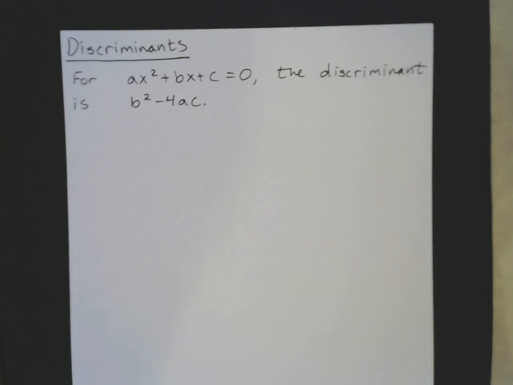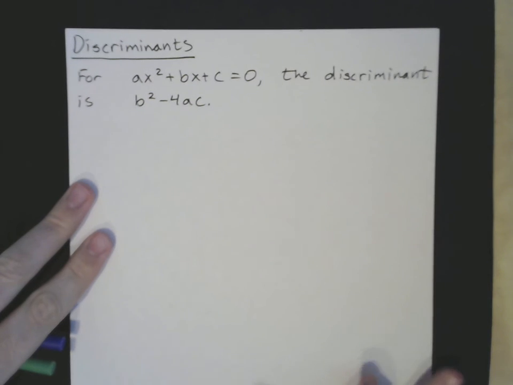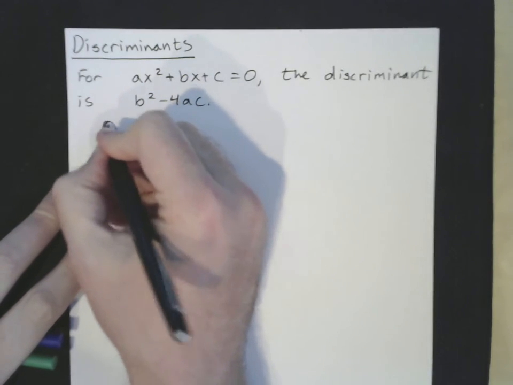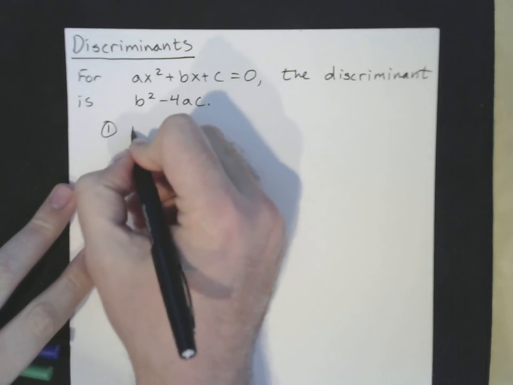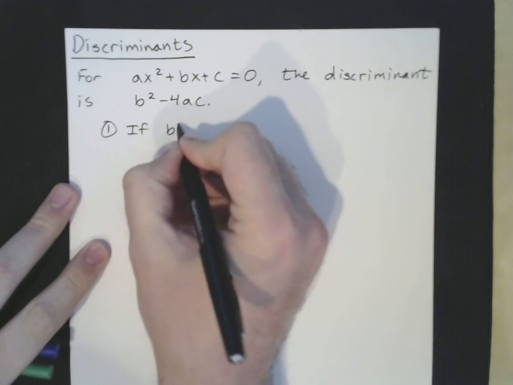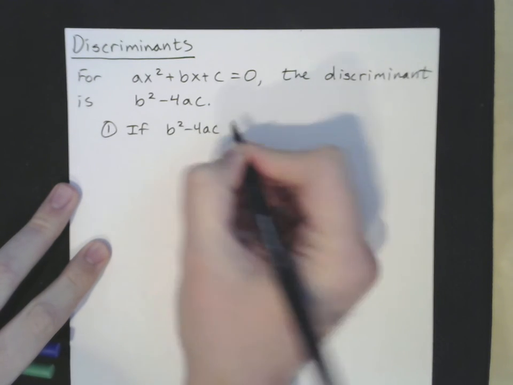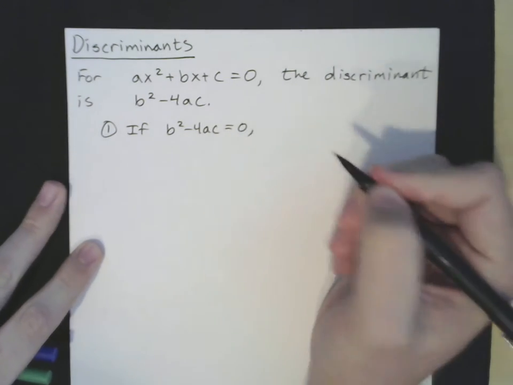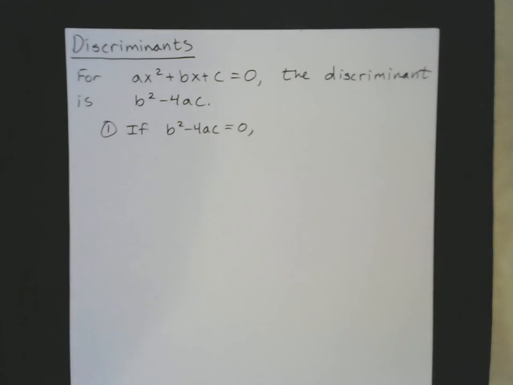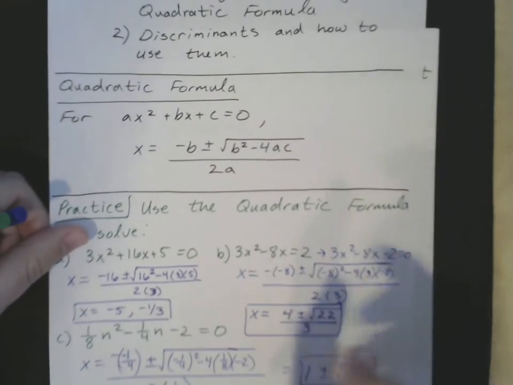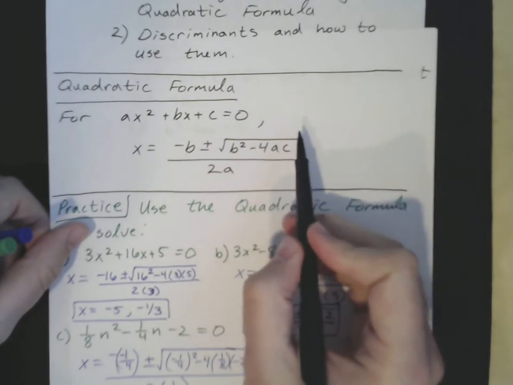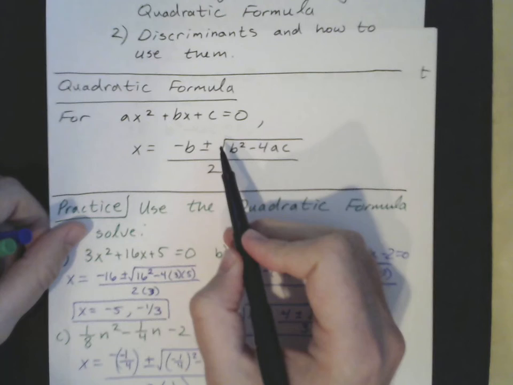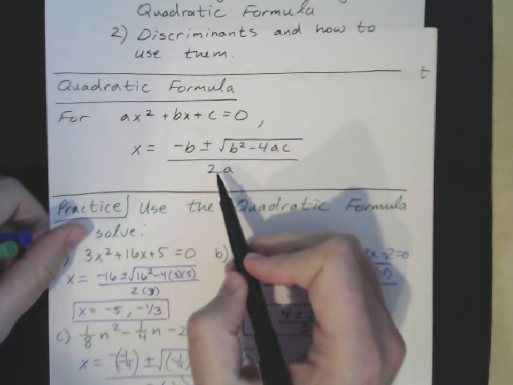The reason we care about the discriminant is because it tells us what types of solutions we're going to have. So we know a couple things. Number one, if b squared minus 4ac equals 0, well then in our quadratic formula, this term goes to 0, which means all we really have is negative b over 2a.